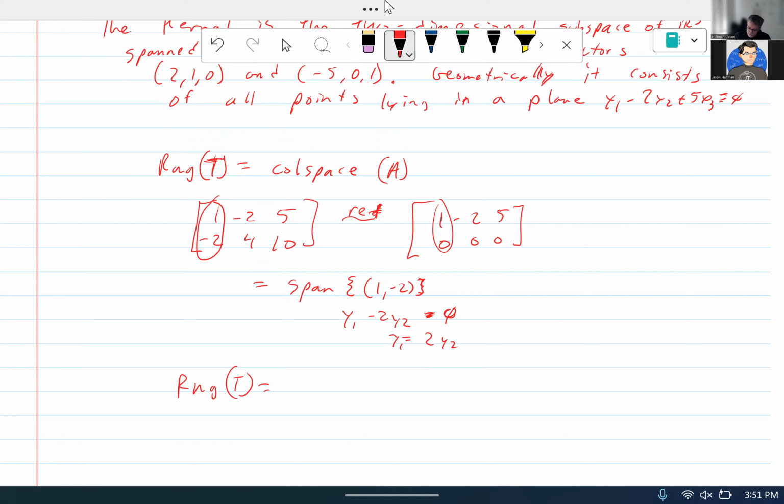Okay, so the range of T is equal to all the elements y, maybe I'll do y as a vector in R2, this is getting transformed to R2, such that y is equal to R times the vector 1, -2, so all the multiples of 1, -2, such that R is an element of R. Okay, so that constant is an element of R.